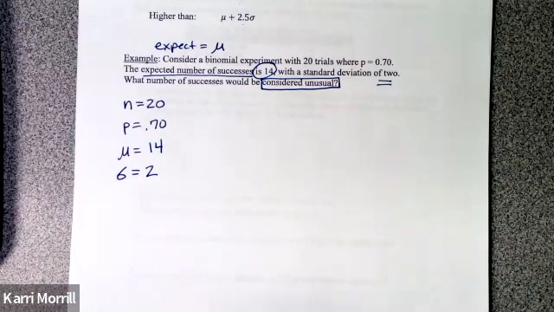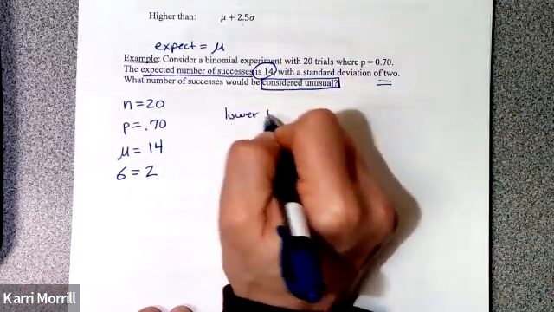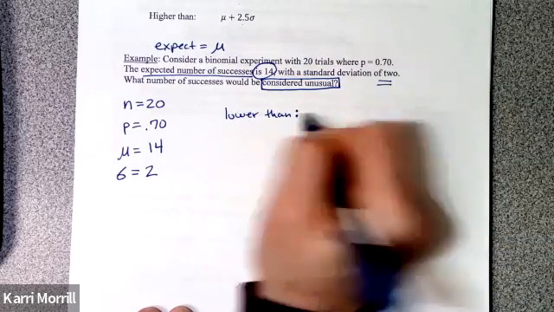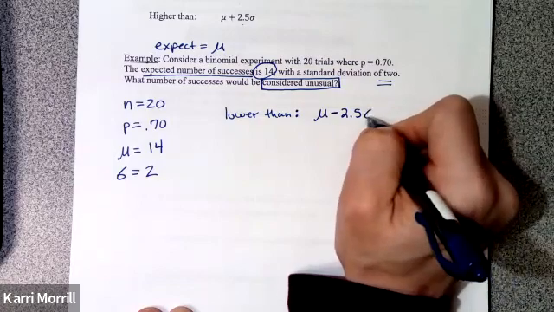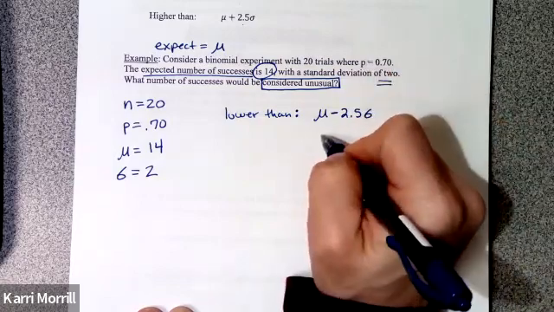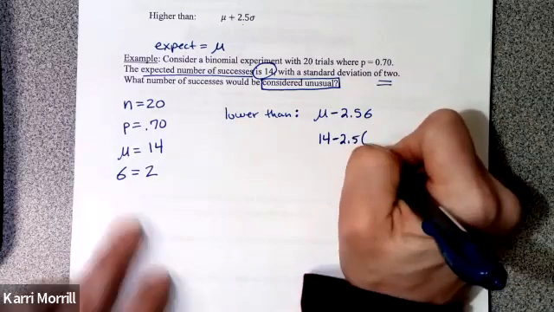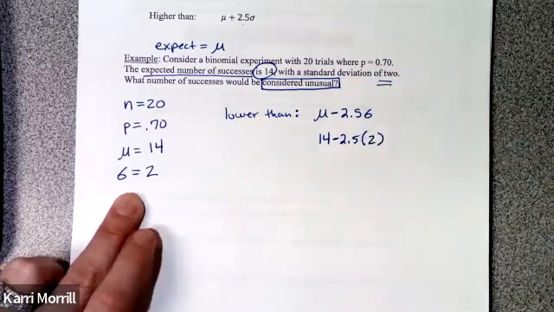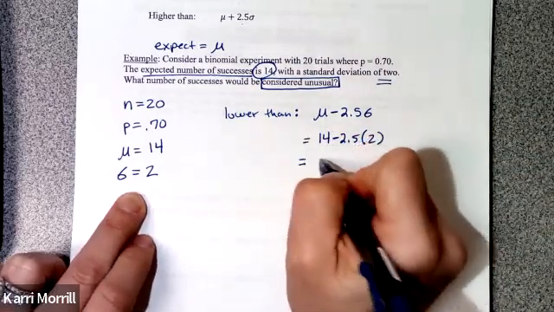And so you're really just doing the lower than and higher than. So the lower than portion is you're taking that mean and subtracting 2.5 standard deviations. So my mean is 14 minus 2.5 times my standard deviation of 2. So when you calculate that, you're going to get the number 9.